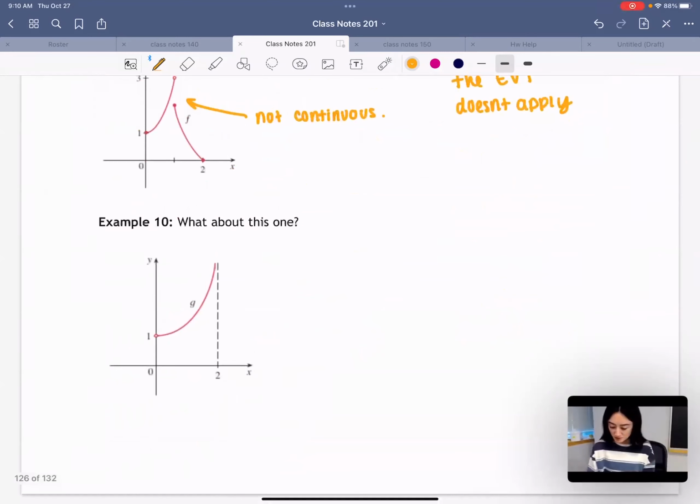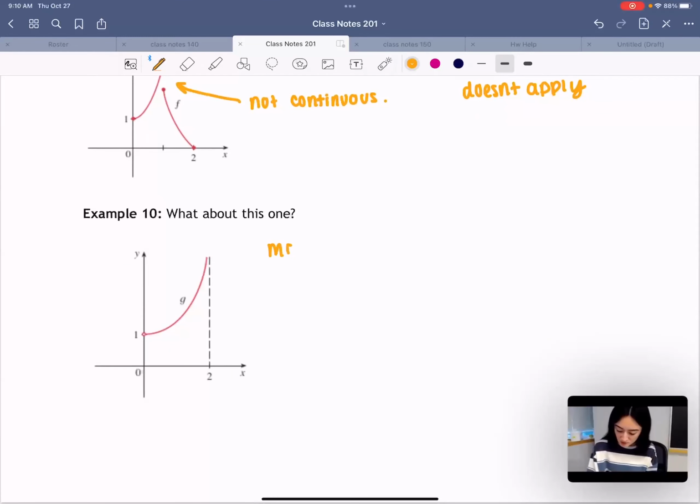Let's take a look at example 10. What's the absolute max of this one? It doesn't exist. Well, I thought the extreme value theorem worked here. What's going on? It's not on a closed interval. Remember, it says that we have to have closed endpoints, which isn't true here.